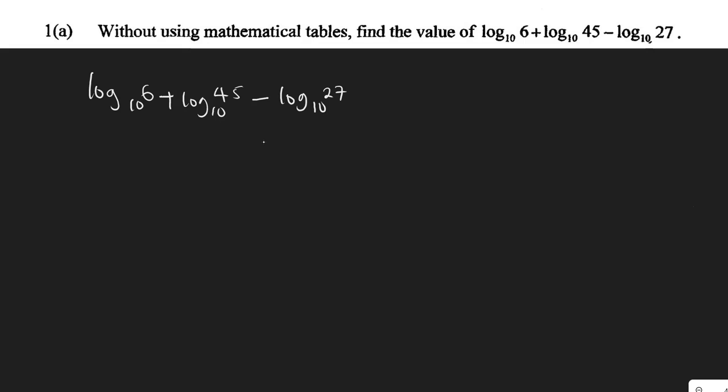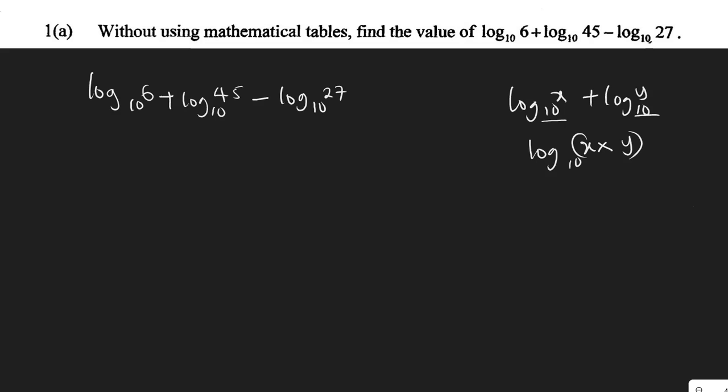Of course, we know that there are laws of logarithm, which say that if it is log x base 10 plus log y base 10, since the bases are the same, you simply say log base 10, then we carry this x, and the addition becomes multiplication, so you multiply it by y.